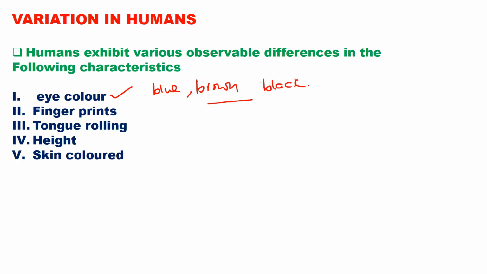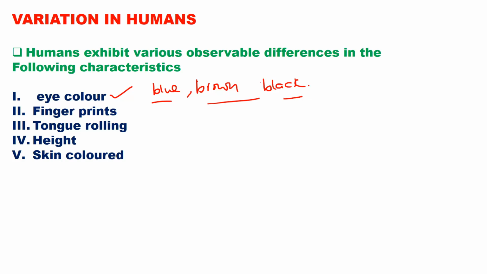And the eye color is determined by the presence of what we call melanin. So people with black eye color have a lot of melanin, and the ones with brown color have less melanin. The one with a blue color might not have, or they do not have melanin. So these are variations that exist in humans when it comes to eye color.